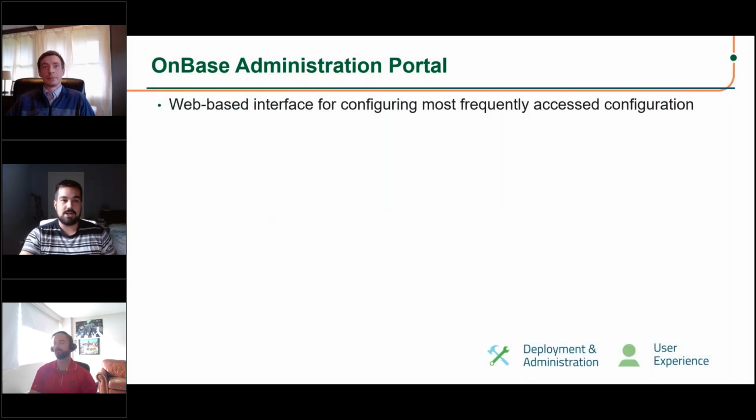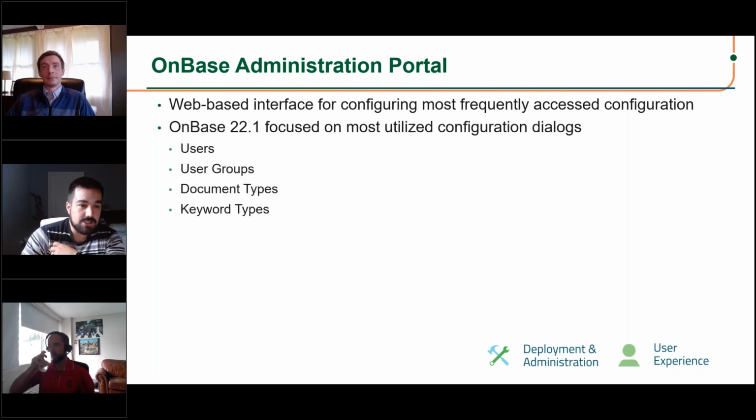The OnBase administration portal. This is the highly anticipated web-based configuration client for accessing and configuring some of your most frequently used configurations. Available initially in 22.1, we're exposing a very targeted, very focused subset of configurations, specifically around security for your users and user groups, along with some of those core metadata features, document types, keyword types, and I believe file formats, which I don't have listed here.